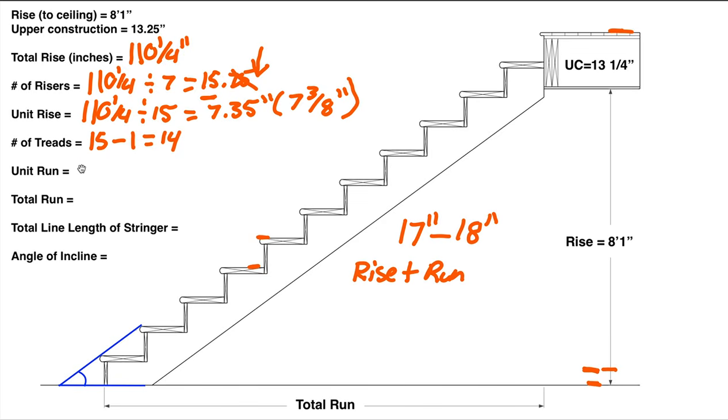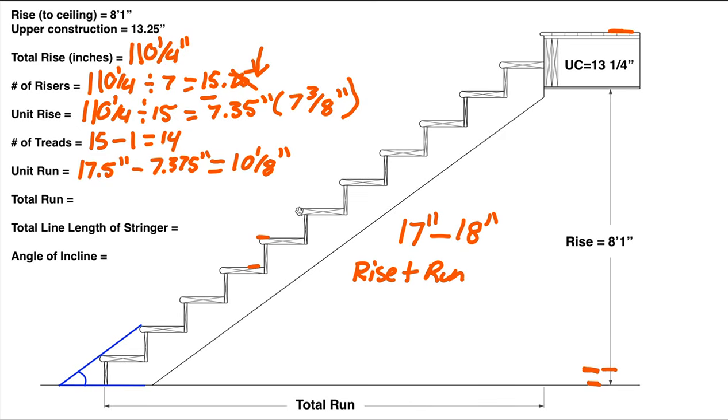Let's just go 17 1/2, so 17.5. And we're going to then subtract our unit rise from that. So minus, in this case, I'm going to go 7.375, because we've picked 7 3/8. This is going to be harder to do on the measuring tape, so minus 7.375, which is 7 3/8, and we get an answer of 10 1/8.